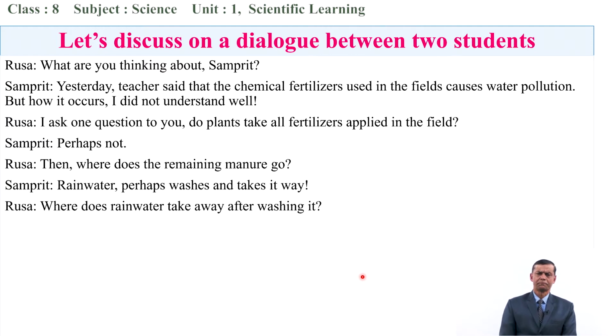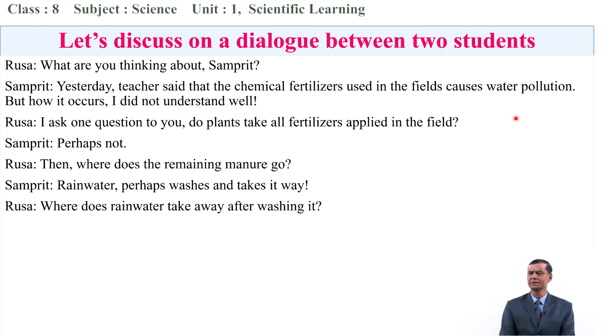Rusha says, "What are you thinking about, Samprit?" And Samprit replied, "Yesterday the teacher said that the chemical fertilizer used in the field can cause water pollution, but how does it occur? I didn't understand it."